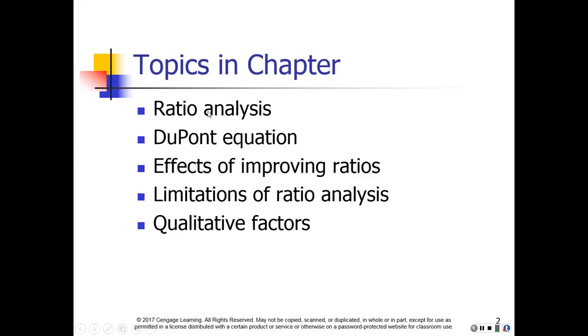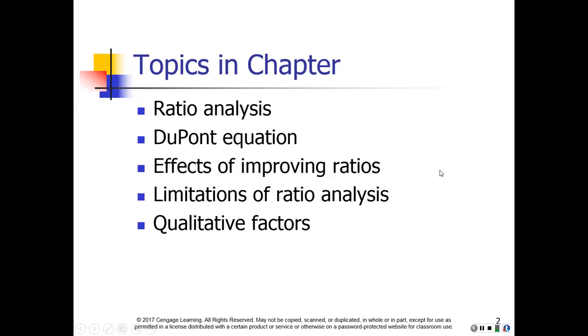We did compute a couple ratios in the last chapter, but we are going to compute a lot of ratios in this chapter. The DuPont analysis will show us where the value added to the company comes from. Does it come from its operations, or does it come from simply financing activities?